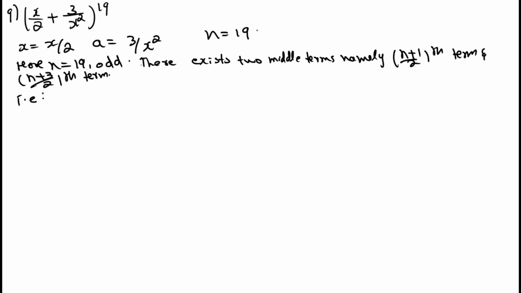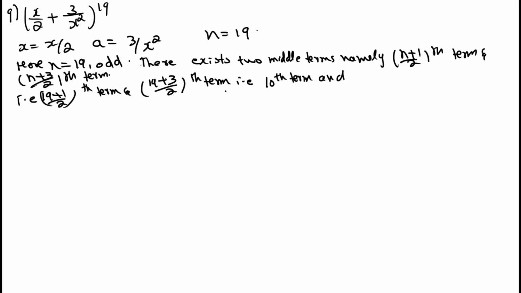That is, 19 plus 1 by 2 th term and 19 plus 3 divided by 2 th term. 19 plus 1 is 20, 20 by 2 is equal to the 10th term, and 19 plus 3 is 22, 22 by 2, that is the 11th term. So the middle terms are the 10th term and the 11th term, but we need to find the value of those two terms.